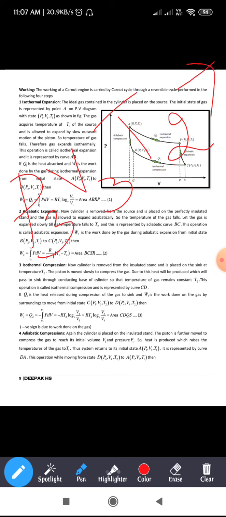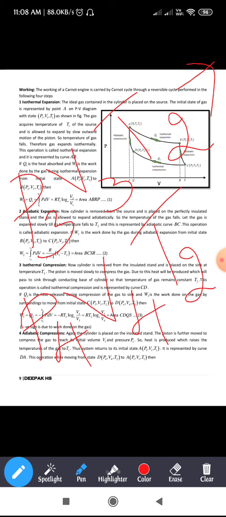Once you place the cylinder on the sink and the gas is compressed, the pressure changes from P3 to P4, the volume changes from V3 to V4, whereas the temperature remains the same, because the excess increase in temperature is rejected to the sink.